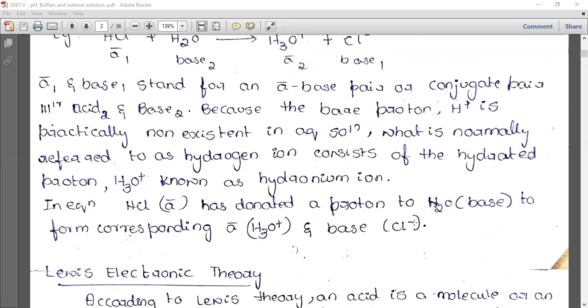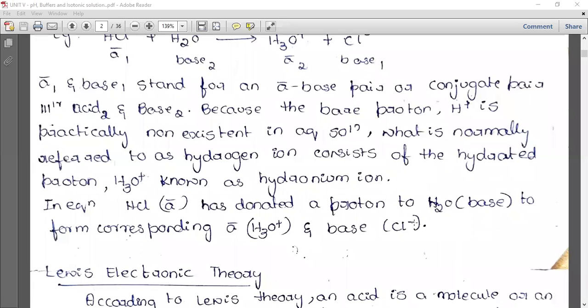So this is strong acid and strong base. A strong acid will dissociate completely to give up the proton, and a strong base will take up the protons given by the acid.